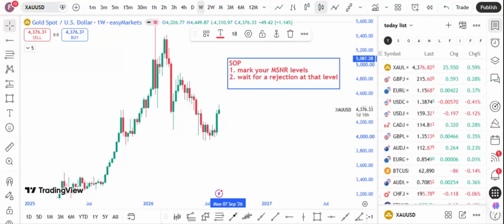So the first thing you do is mark your Malaysian support and resistance level, wait for a rejection at that level.